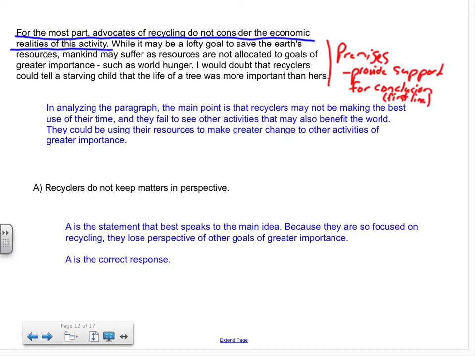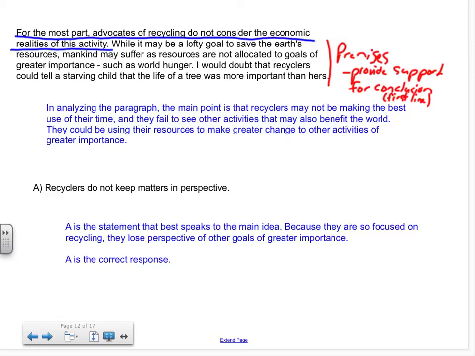They also say they could be using the resources to make greater change about other activities of greater importance. So the first line is a conclusion, and everything else is dependent on the conclusion. In other words, it's providing that extra support as to why we should believe this conclusion.